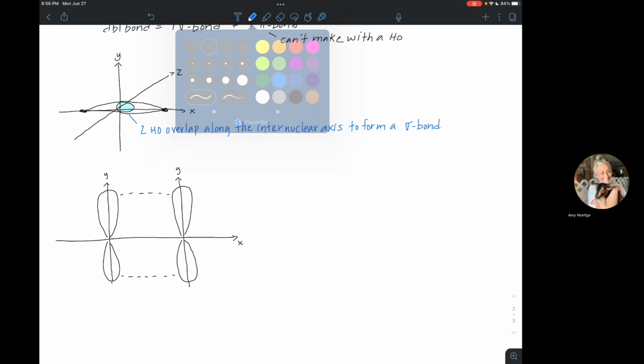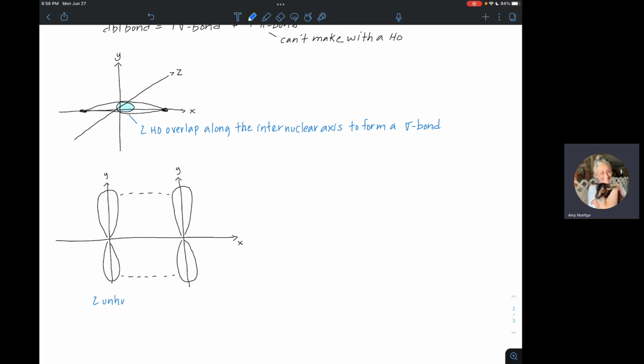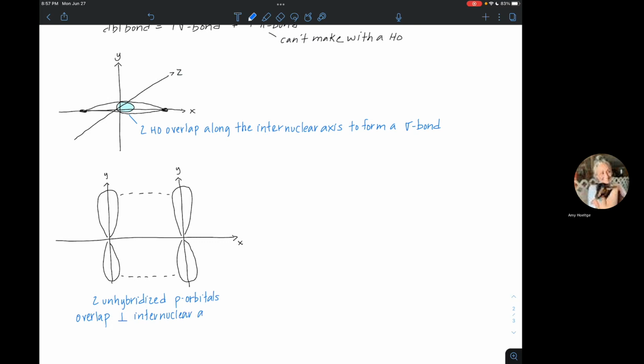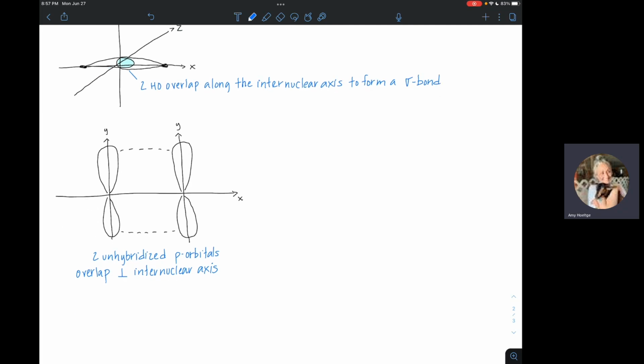So here we have two unhybridized p orbitals that are going to overlap perpendicular to the internuclear axis, and you'll end up with electron density above and below the plane to form a pi bond.